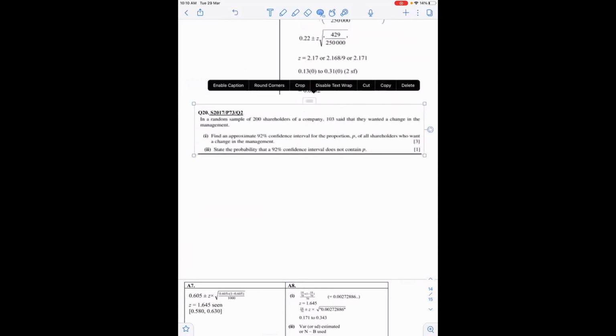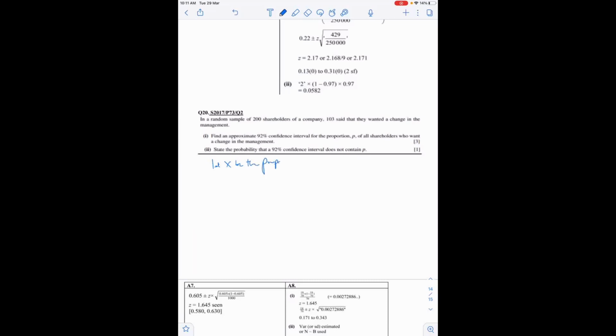Okay. In a random sample of 200 shareholders of a company, 103 said that they wanted a change in the management. Find an approximate 92% confidence interval for the proportion of all shareholders who want to change the management. Okay, fine. So let X be the proportion of shareholders who want to change.